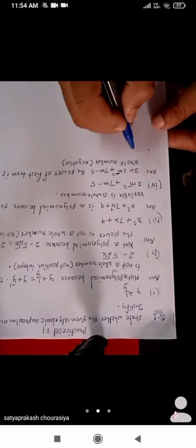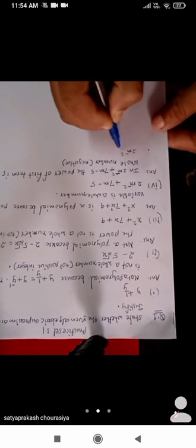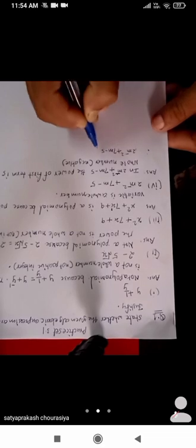Therefore 2m to the power minus 2 plus 7m minus 5 is not a polynomial. That's why it is not a polynomial. Is it clear now? Did you understand which is a polynomial and which is not, which expression is a quadratic polynomial and which is not?